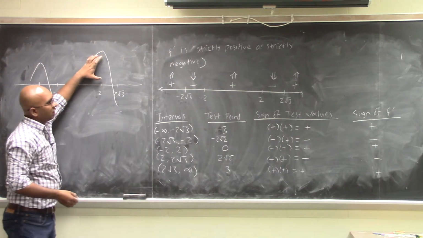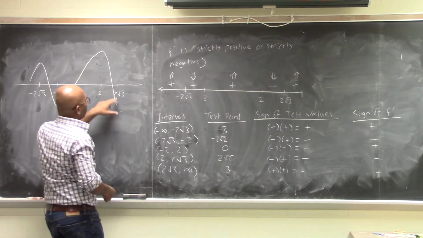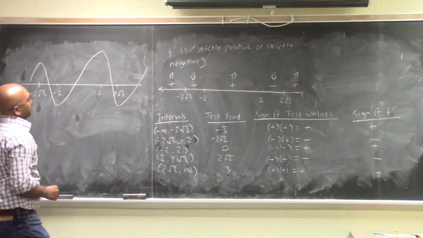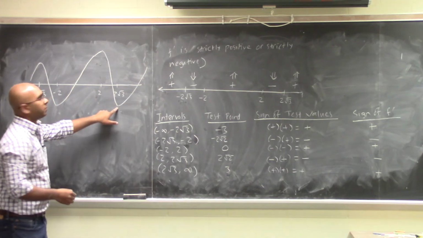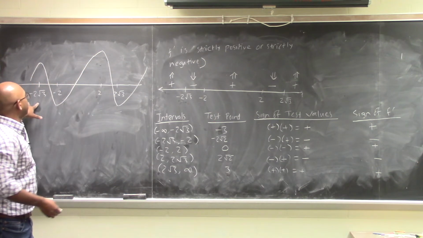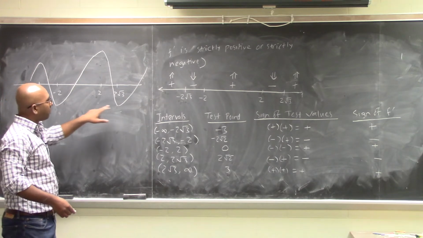So at 2, you also have a local maximum, and after 2 root 3, it increases again. Okay, so then you get a local minimum. That's it. So you get 2 local max at negative 2 root 3 and 2, and you get 2 local min at negative 2 and positive 2 root 3.